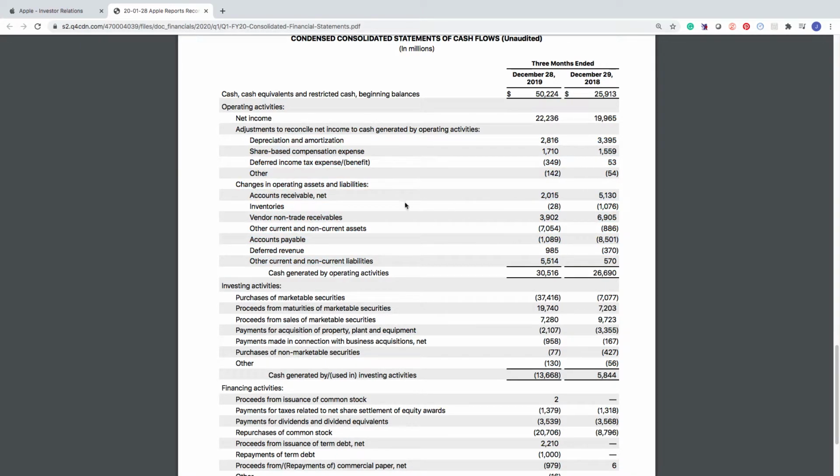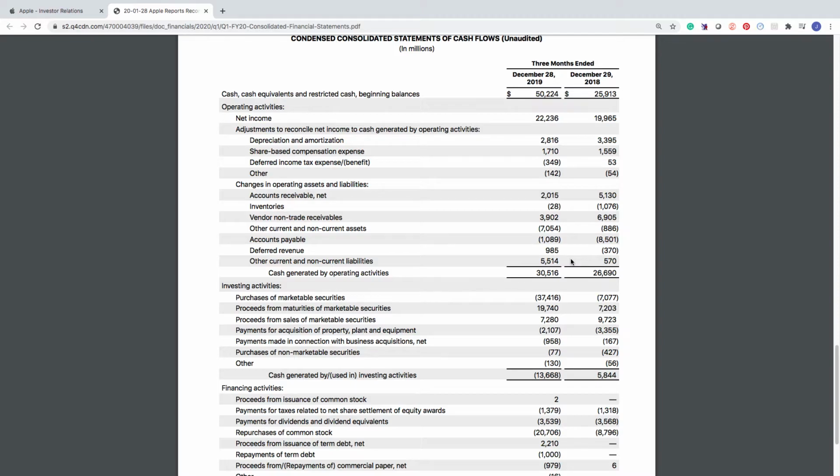Now, I'm not going to go into too much detail and discuss all of these items because this would require a very detailed discussion, and my goal is to keep this high level and to give you guys a good sense of the three financial statements.